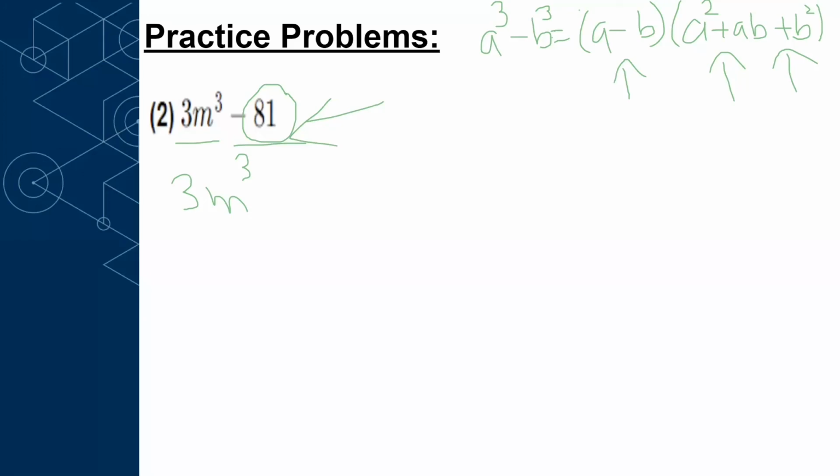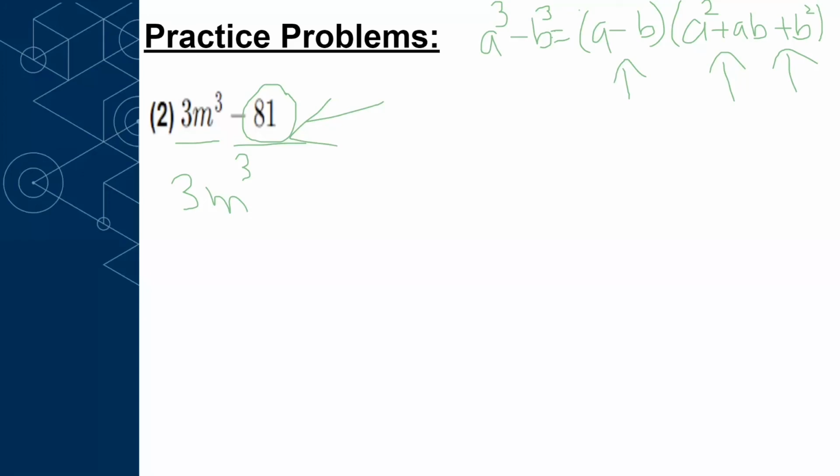I know that because on the chart we did not have 81. If it was a perfect cube, it would be a number lower than 10 raised to the third power, but it was not on the chart.